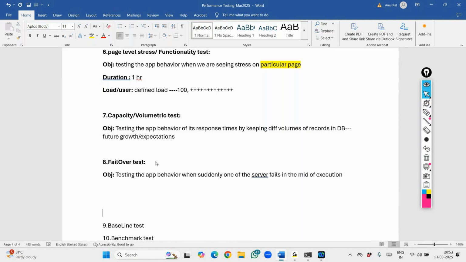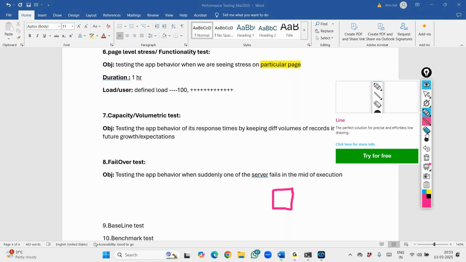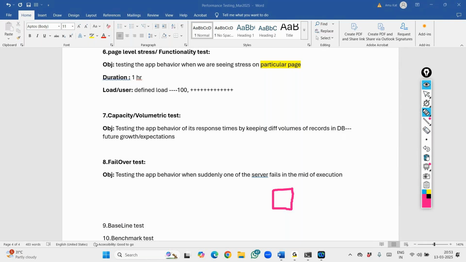Suppose we have 3 servers: server 1, server 2 and server 3. Suppose each server is handling 5k users, so overall we consider 15k users.